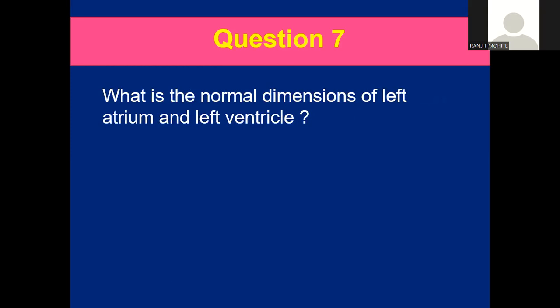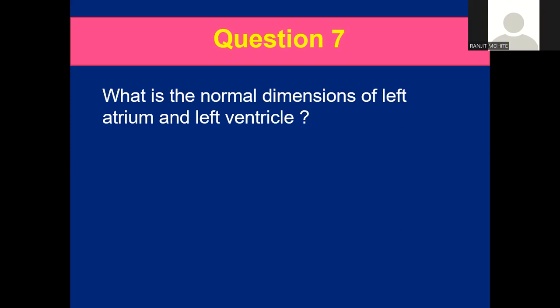What are the normal dimensions of left atrium and left ventricle? Sir, left atrial area is measured in two views by the area and length method. My question is different.